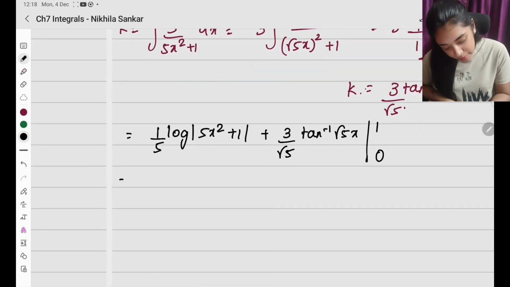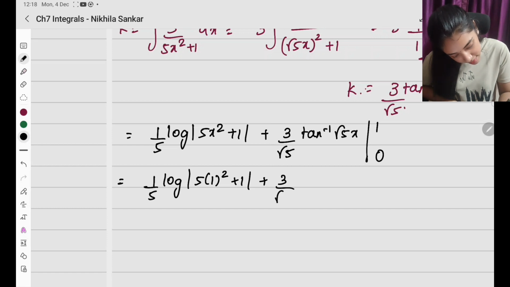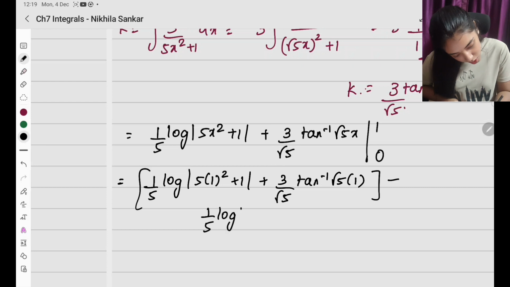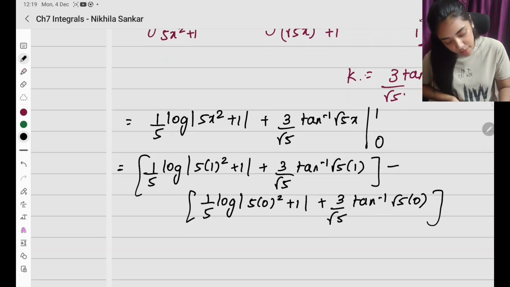When I apply the limits, I have upper limit first: 1 by 5 log mod 5 times 1 square plus 1 plus 3 by root 5 tan inverse of root 5 times 1. So this is my f of 1, minus f of 0. So 1 by 5 log mod 5 times 0 square plus 1 plus 3 by root 5 tan inverse of root 5 times 0. So this is my second term.